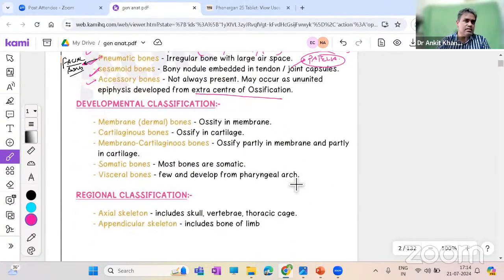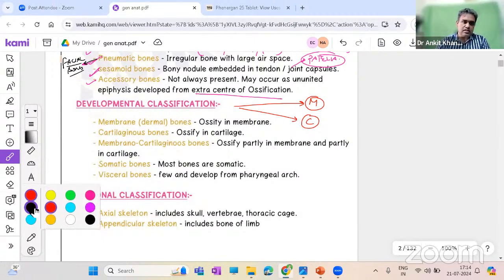Then this developmental classification, we can easily understand. There are two ways in which the bones are developed. Either they form from membranous ossification, or they form from cartilaginous ossification.